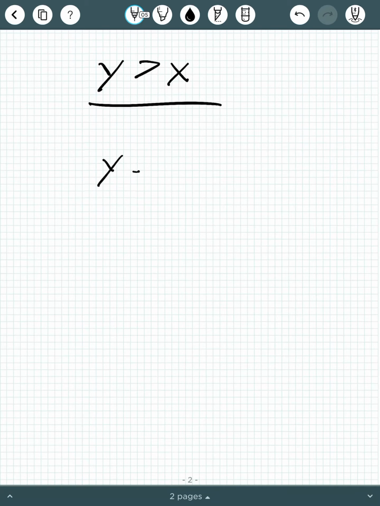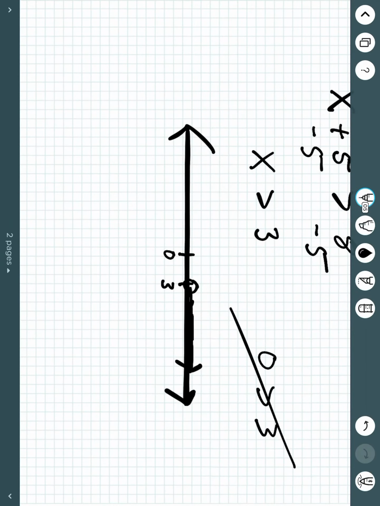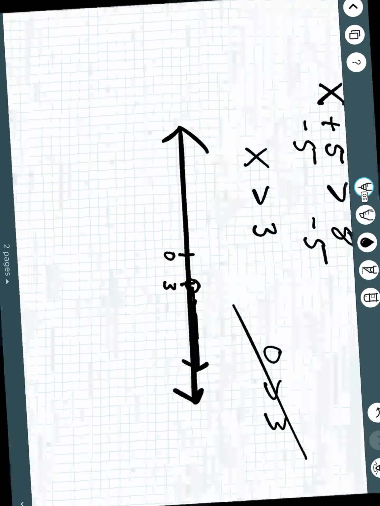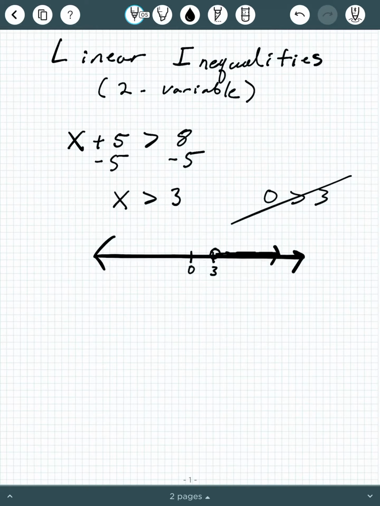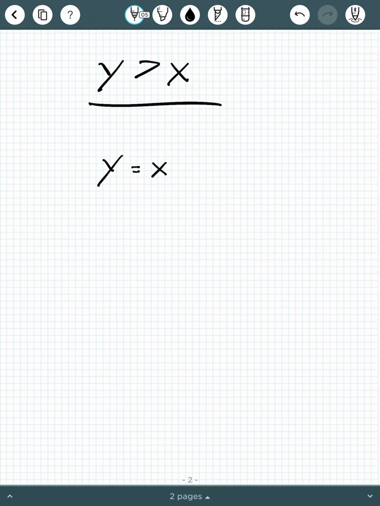Because y is greater than x kind of looks like y is equal to x. And that's a linear equation that I know how to graph. So if we're working with that principle of graphing y is equal to x, let's try that again.